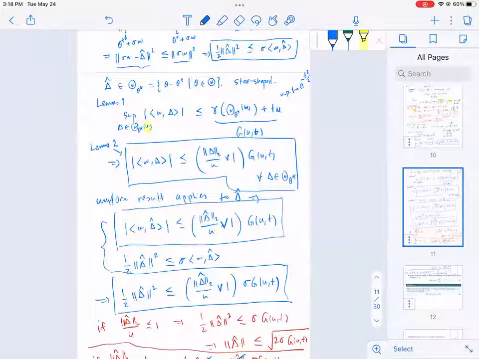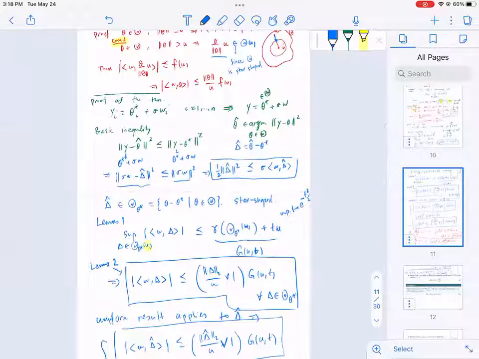A very similar argument would work if you have regularization, for example, by a norm. Then it would look like the lasso type argument. You have to force this to be in the set of interest. If you have regularization, there's no guarantee that this is necessarily in the set of interest, but you can force it to be in the set of interest and so on.